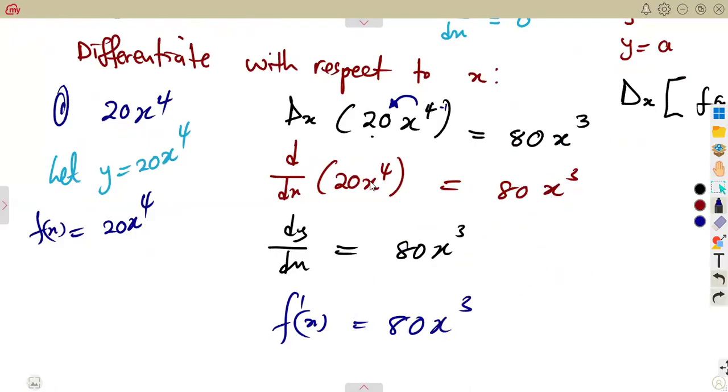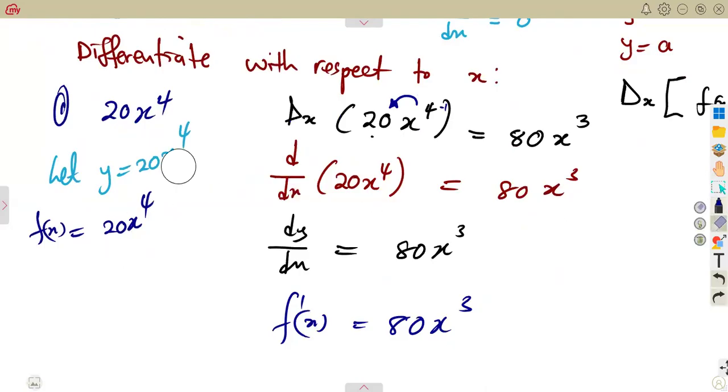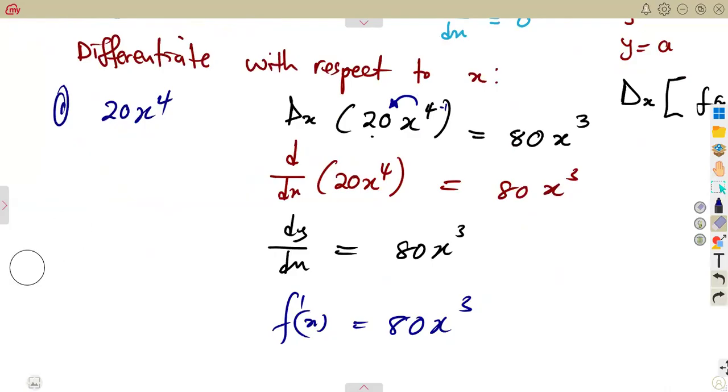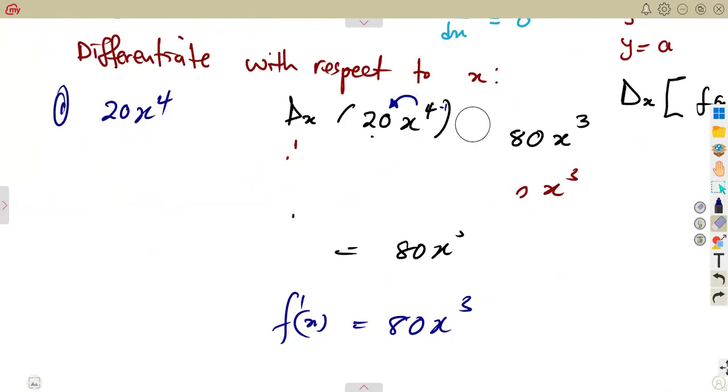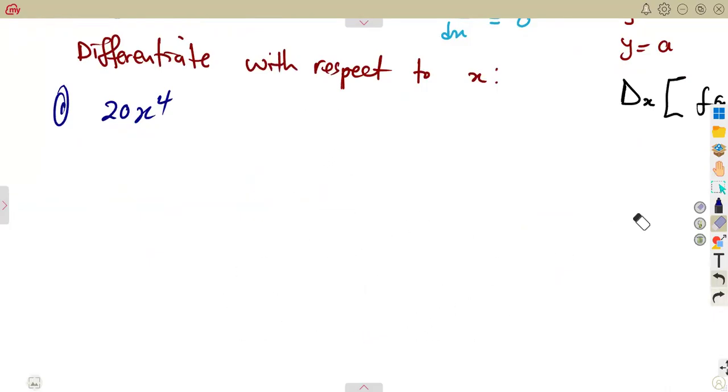Still, these are presentations whenever you are just asked to differentiate with respect to x and it's not given as y is equal. They just give you a certain term or a certain expression, you're going to write in any one of those formats. First derivative, dy dx, d dx, d over dx. It's up to you. The way that you are going to present it is actually up to you.